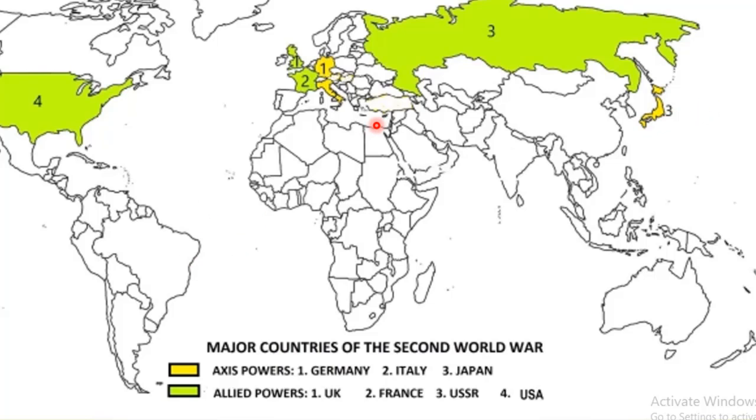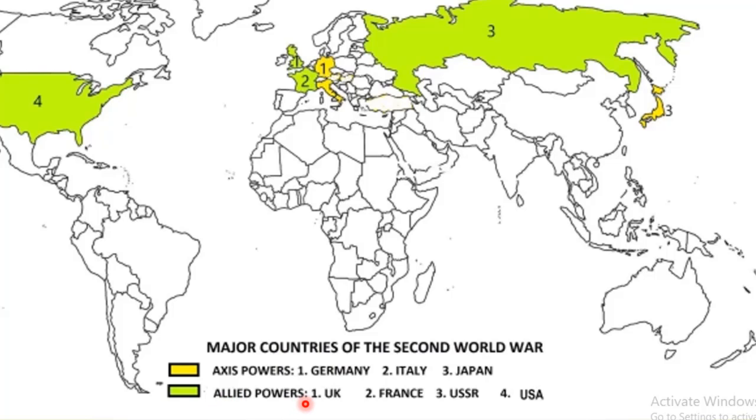Similarly, if you get a question to show or mark or shade countries which were part of Axis powers, you need to shade Germany, then Italy, then come to Japan and shade. You also have to mention it in the legend, whatever is required at that time. So next come to Allied powers during Second World War.